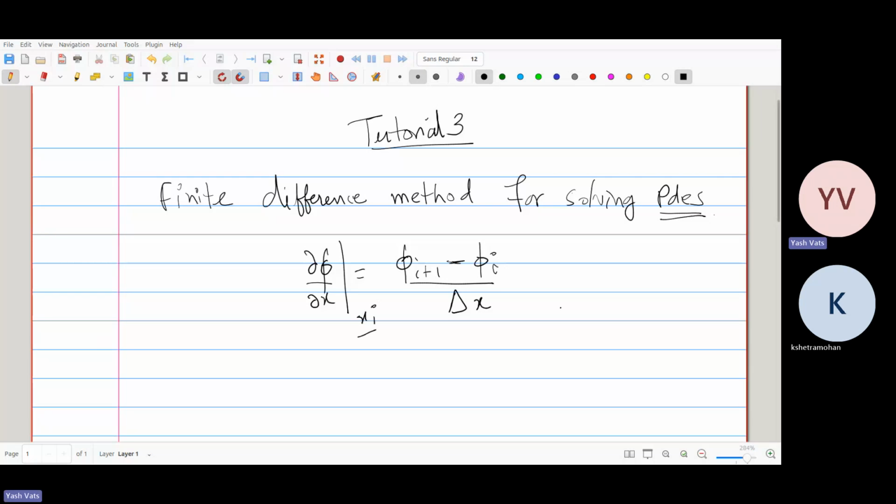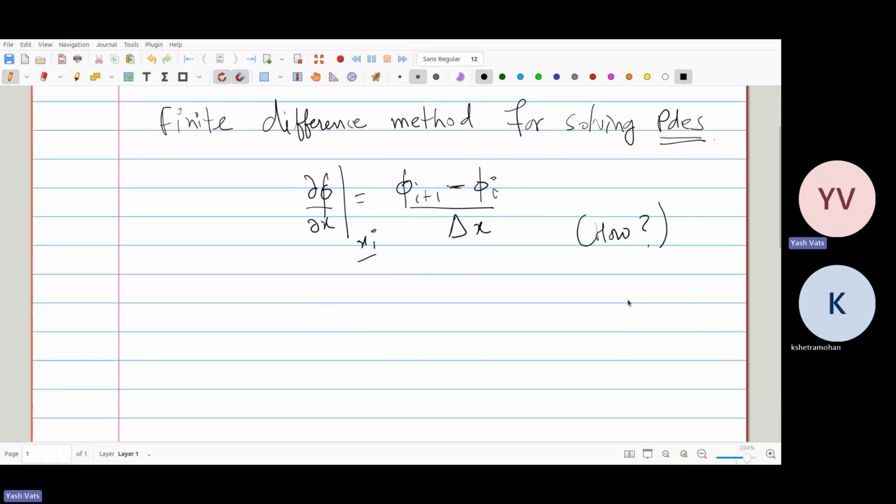So how do you do that? You have already seen this using Taylor series expansion.